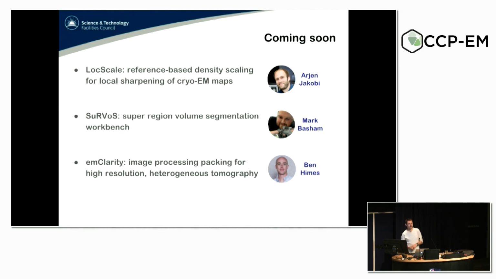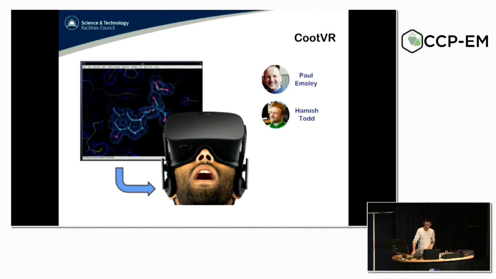And then also hiding up there next is Ben Himes from Pei-Jun Zhang's lab in Pittsburgh, and he's developed a package of tools called EM Clarity, and this is an image processing package for high-resolution heterogeneous tomography that he'll talk about tomorrow as well.